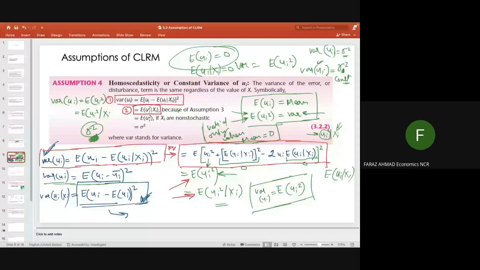I have just squared things. Just open the square, you'll get this, then these two things are zero, and then you'll get this. So it's a two-step process only. Okay, sir. Thank you, sir.